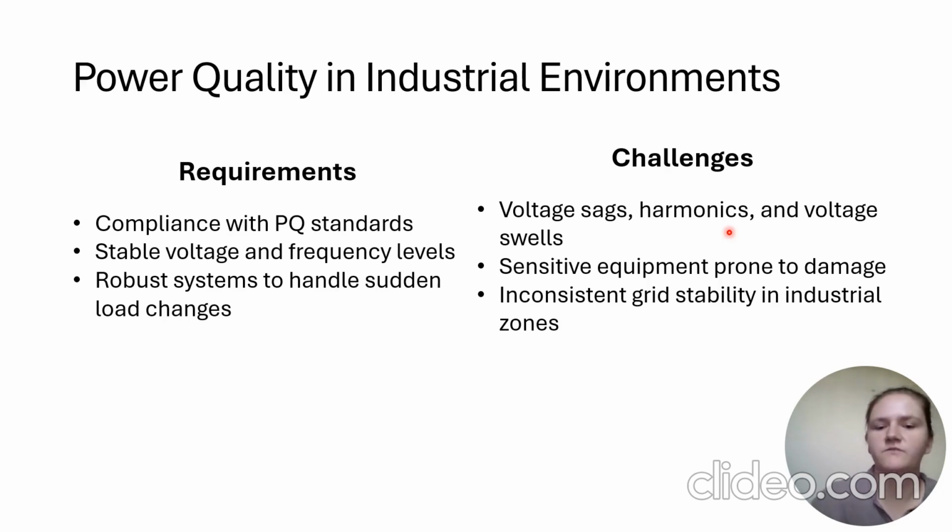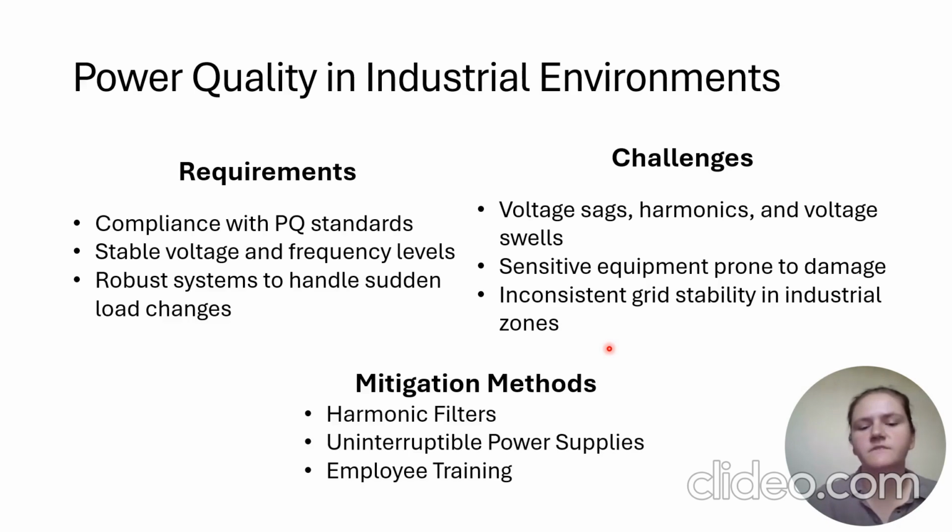So it's also very important for the industry. Sensitive equipment can be damaged, and inconsistent grid stability in an industrial zone is also a challenge for the industry. To prevent them, we need mitigation methods.